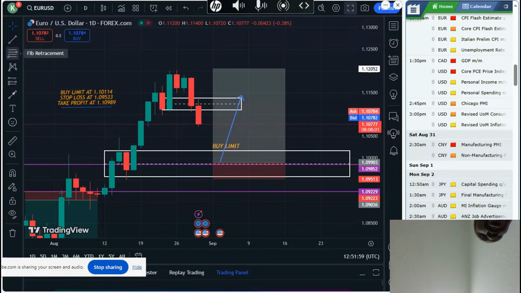This is a 60 pip stop loss, so you have to use a mini lot size based on your capital, your account size. For prop firms of $5,000, you can risk within 1% of a $5,000. So please don't over risk on the pending orders.